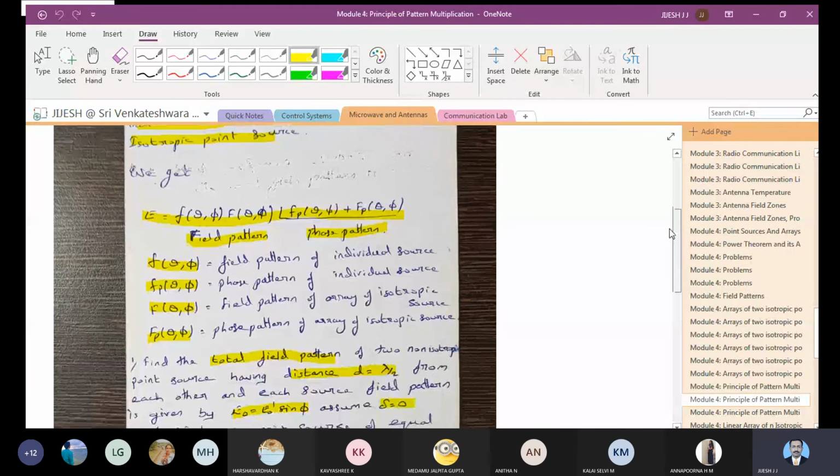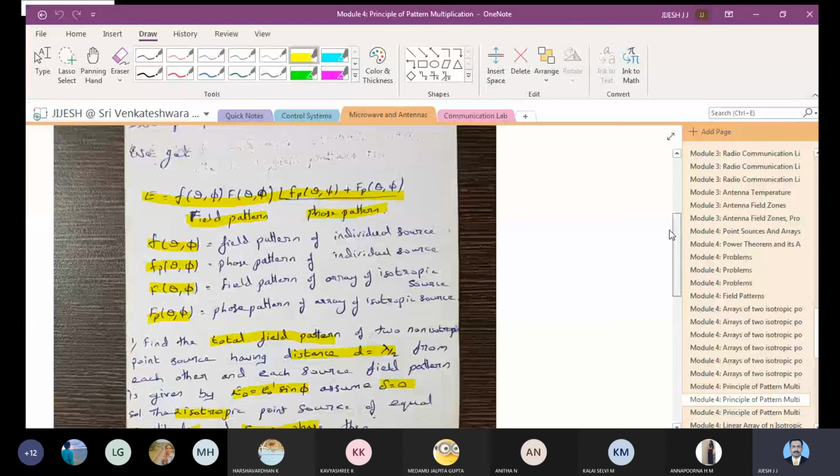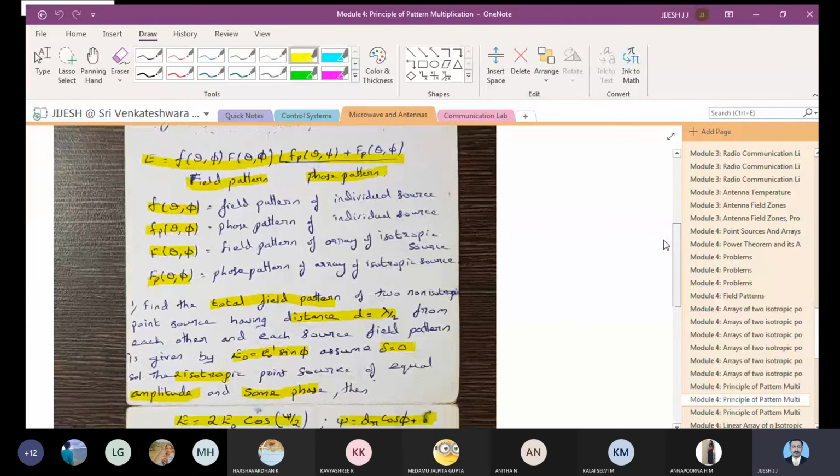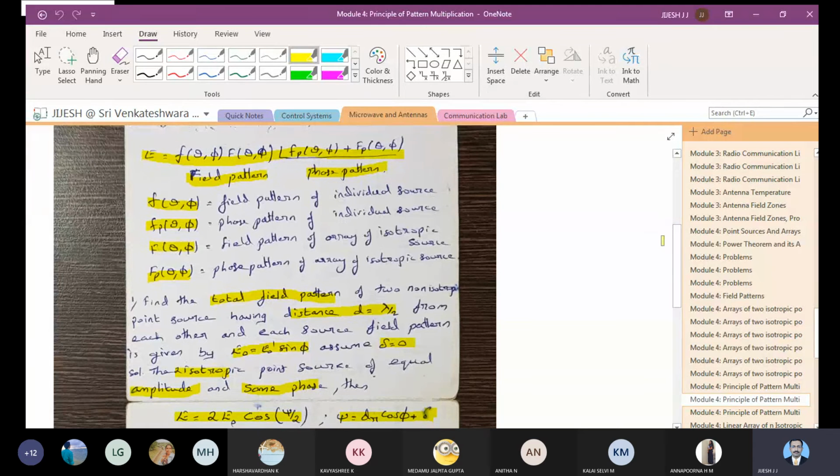So let me consider finding the total field pattern of two isotropic point sources having distance d equal to lambda by 2 from each other, and each source field pattern is given by E naught equal to E naught dash sin phi, assuming delta is equal to 0.